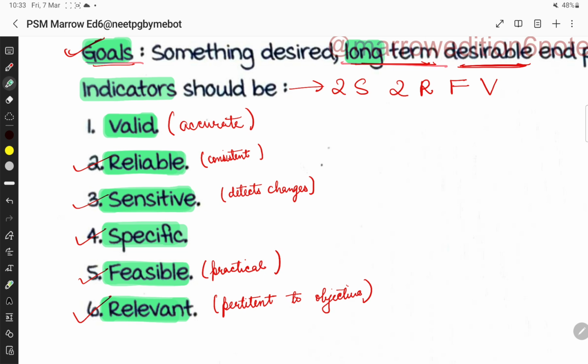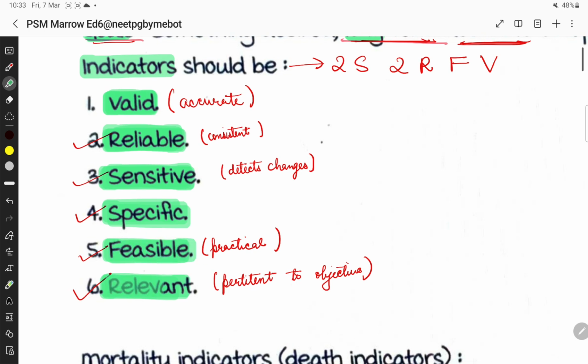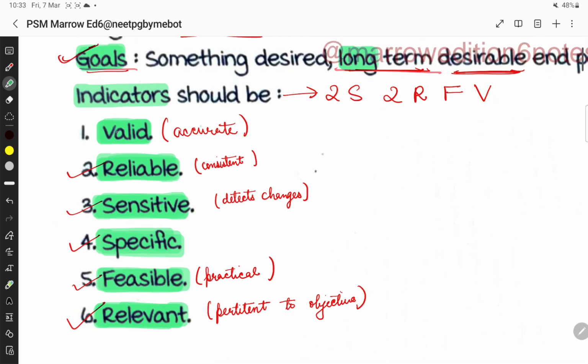It should be valid, that is, accurate. It should be reliable, sensitive and specific. It should be feasible, that is, practical to calculate with those indicators. And it should be relevant, that is, pertinent to the objective.